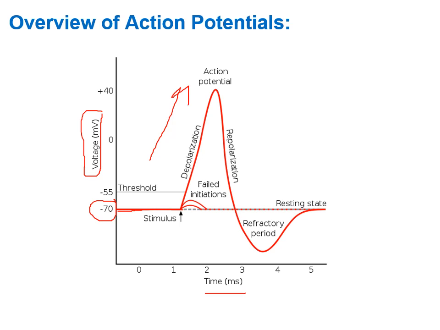Now, when the cell becomes more positive, this is due to the fact that the stimulus has activated sodium channels, and sodium is now coming into the cell. As sodium travels into the cell, it allows the cell to gain a more positive voltage. Eventually, this is going to be referred to as depolarization.